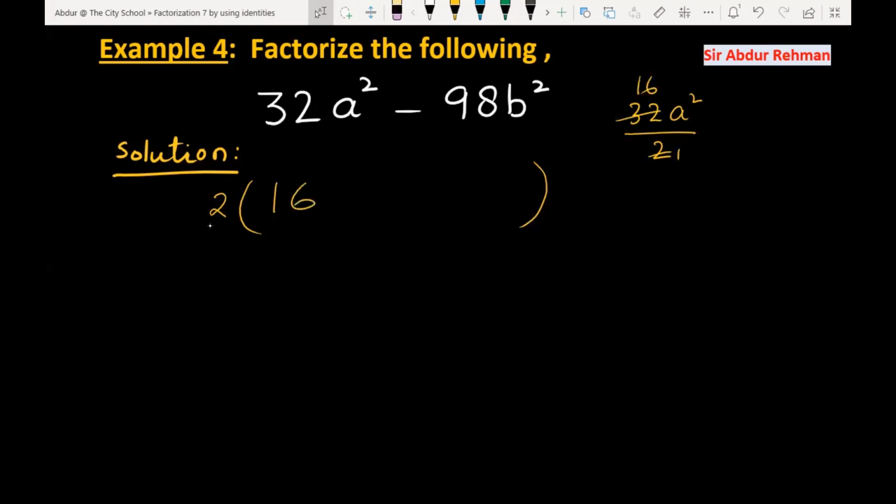Write down 16a square here. And for minus 98b square, we have to divide by 2 by common. So 2 4s are 8, 2 9s are 18. Minus 49b square.